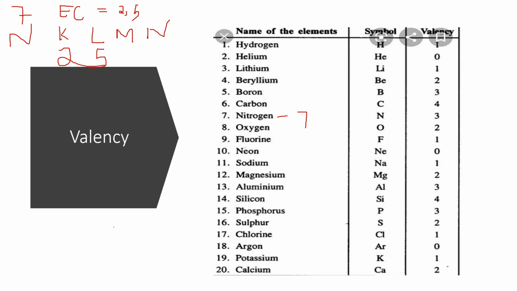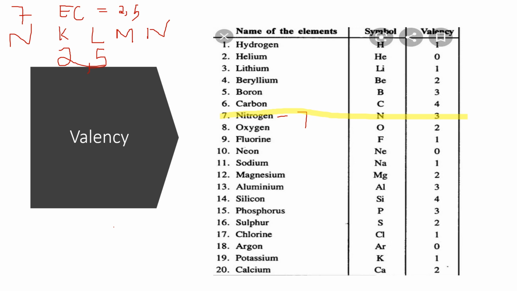Now see the outermost shell. How many electrons does it have? It is 5. It will not donate all 5 electrons because that needs a large amount of energy.